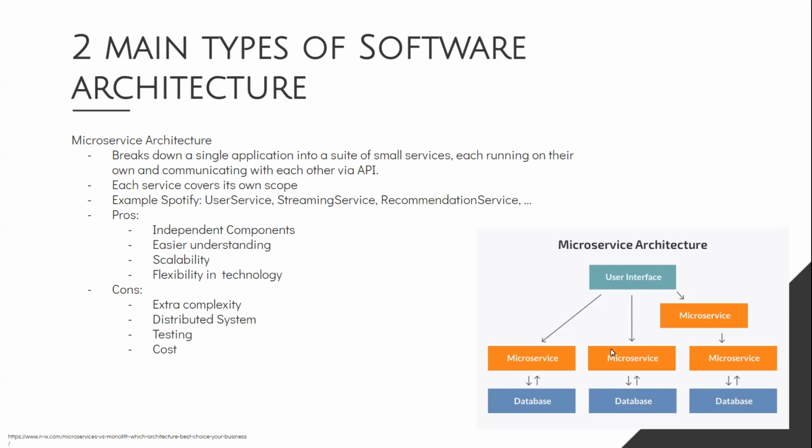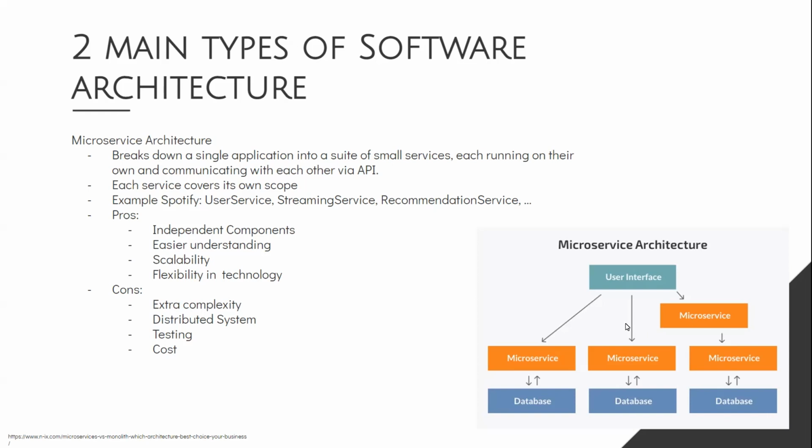The streaming service is responsible for getting a lot of data from the database and sending it to the user. And then we might have a recommendation service, which is just responsible for getting all the movies that you've watched in the past and generating recommendations for, or not movies, we are Spotify, not Netflix, but listening to or looking at your song history and then creating the mixtapes you have in Spotify, for example.